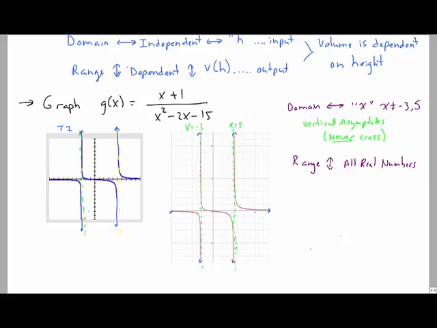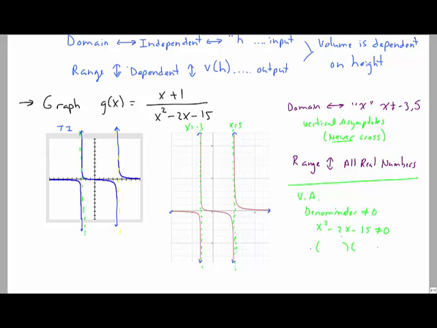Well, where that came from, I'm going to call vertical asymptotes VA, is I take the denominator and I say, you know what? The denominator can never equal 0. So I take x squared minus 2x minus 15, and I say it can't equal 0.